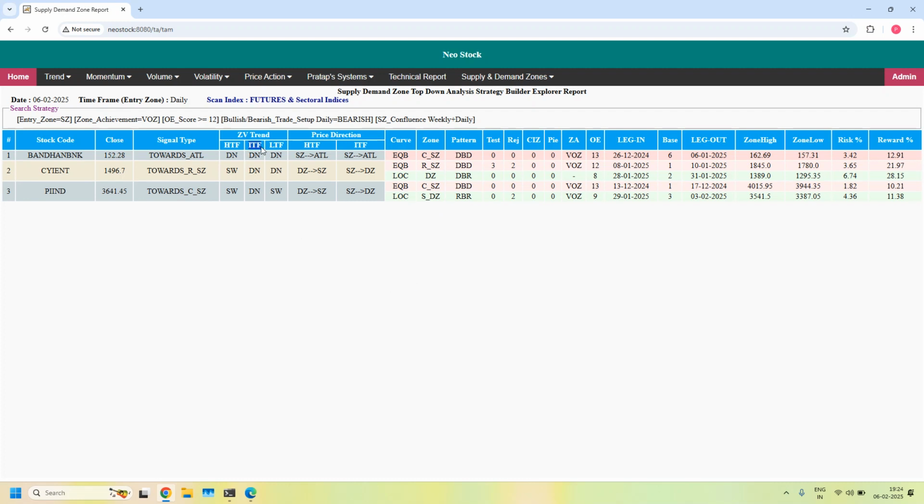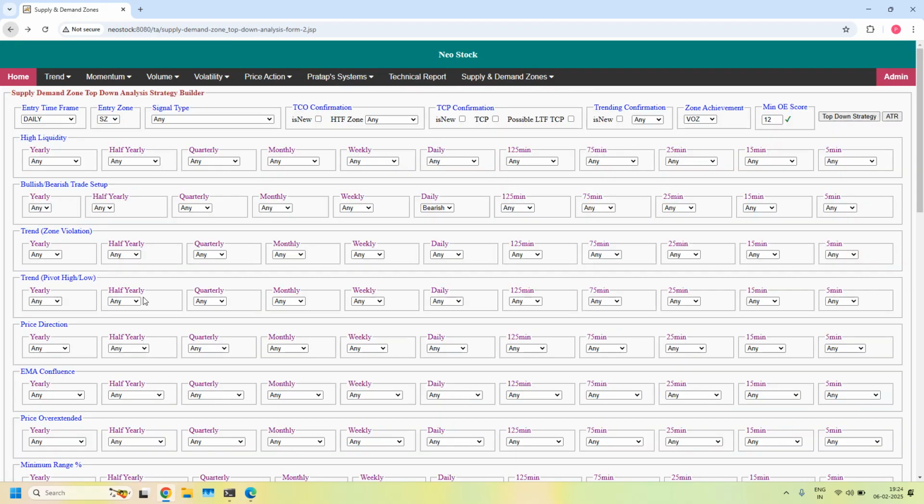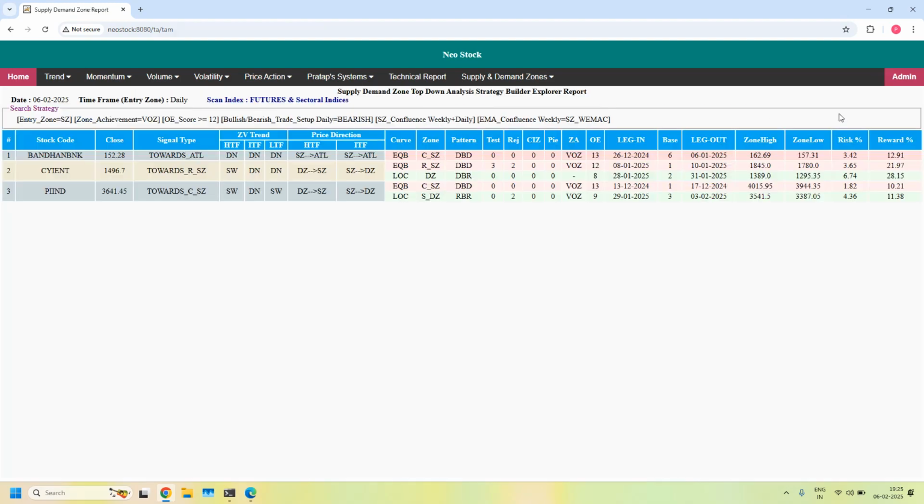And weekly trend, ITF trend, is a downtrend in all the 3 stocks. And weekly supply zone having weekly EMA, then these stocks could be even more high probability trade setup supported stocks. Let's verify. In the EMA confluence, weekly time frame, weekly supply zone having weekly EMA confluence, and all the 3 stocks are filtered.